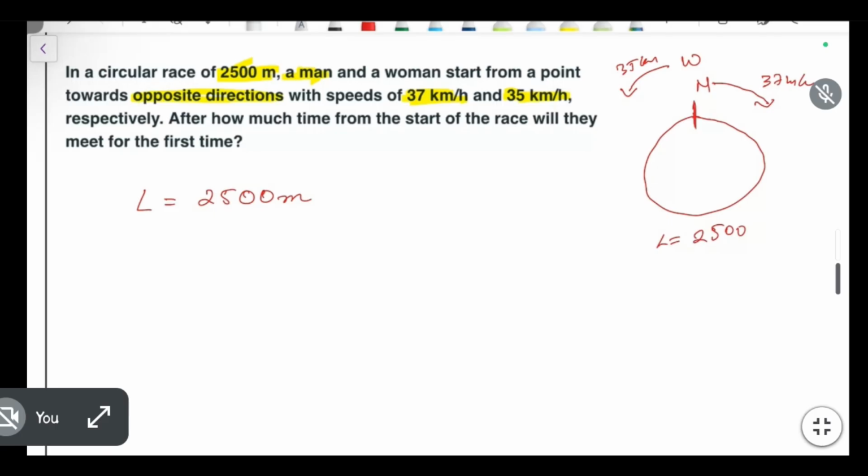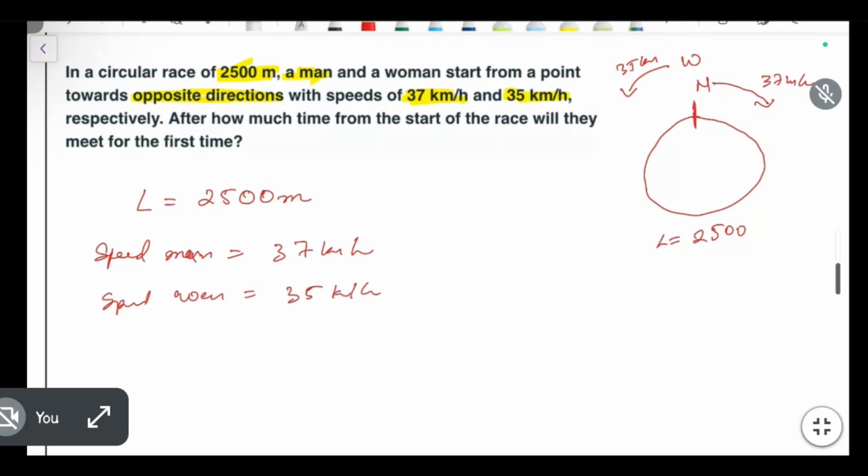So I'll just write their respective speeds. The speed of man is equal to 37 kilometer per hour, and the speed of woman is equal to 35 kilometer per hour.